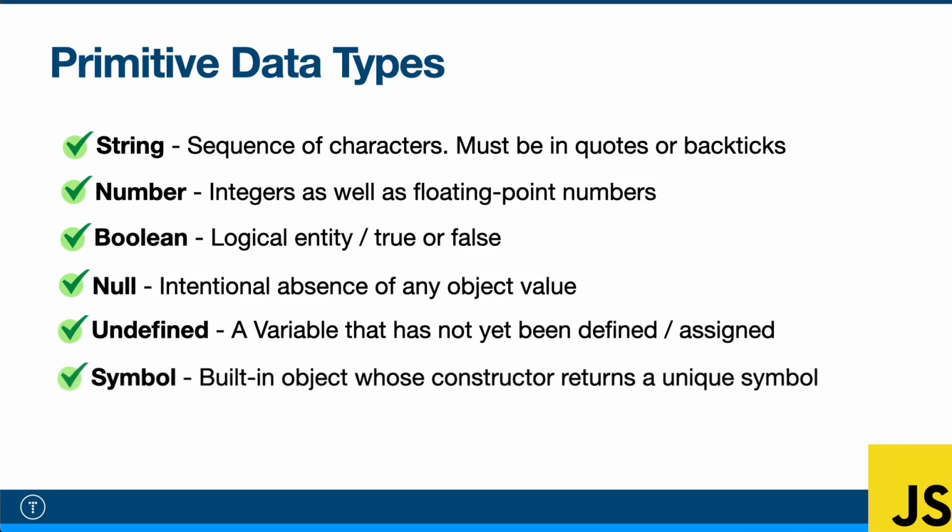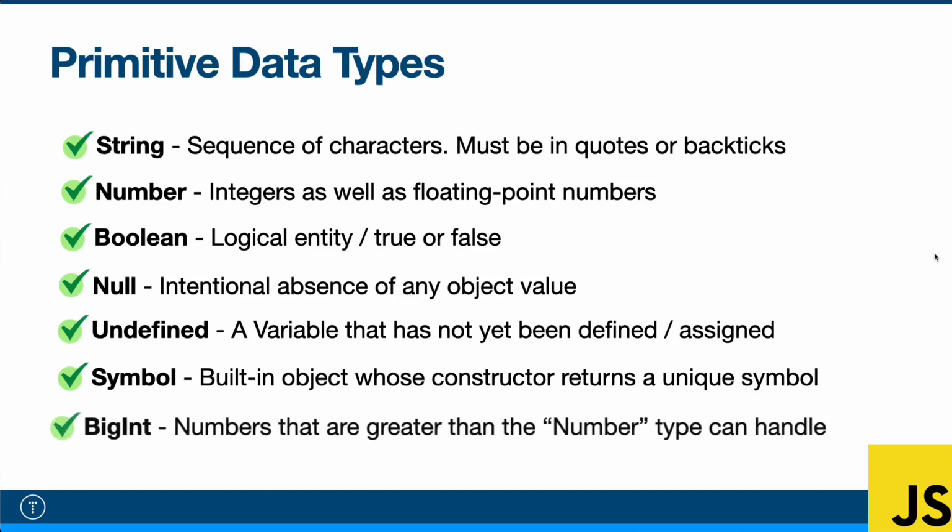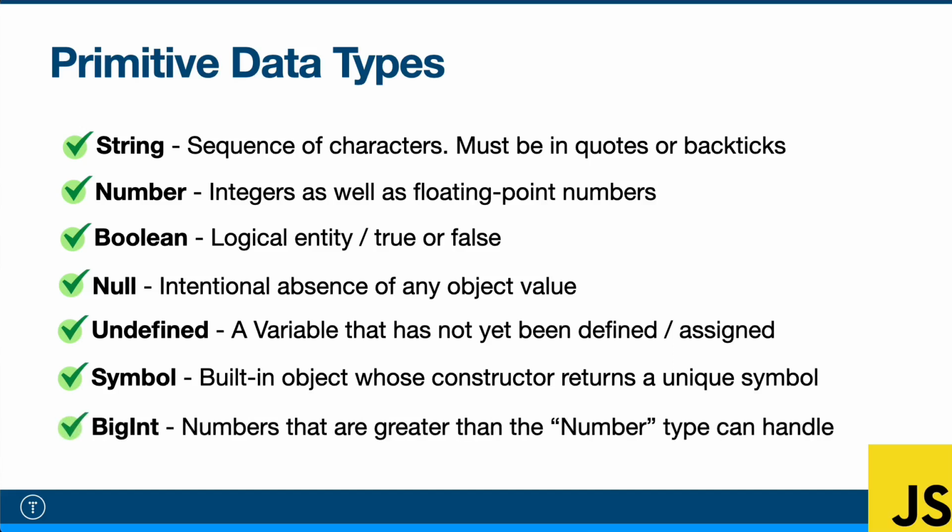All right, next we have a symbol, which I'm not going to talk too much about right now because it's kind of advanced, and it was actually added in ES 2015 or ES6. So a symbol is essentially a built-in object whose constructor returns a unique symbol, or a symbol that is unique. All right, and we'll get into that later. It's not something you use very often, at least I don't.